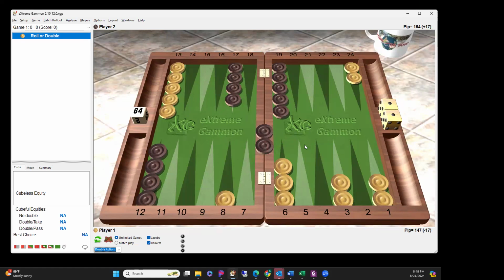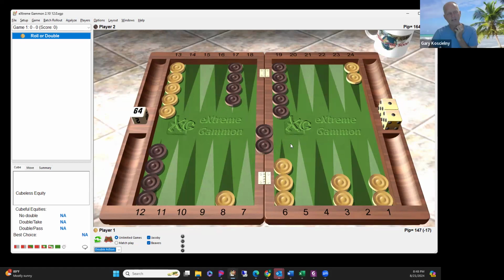But does black have an advantage in anything? Let's go through. Does black have an advantage? Well, threats are in any of the game plans. Does black have a racing advantage? Well, no, obviously not. Does black have a priming advantage? Well, we can't give white an advantage for prime, but certainly black has no priming advantage here. You've got nothing.